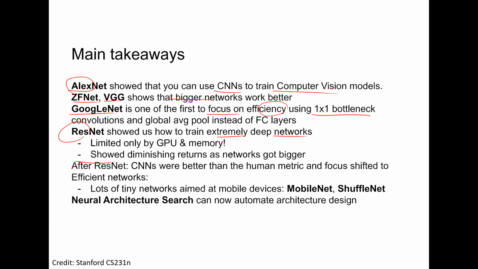After ResNet, CNNs were better than the human metric, and researchers started to focus on designing efficient networks. Trying to do so, they came up with the idea of neural architecture search, and some heuristics might be better in some cases, as shown in the EfficientNet research.